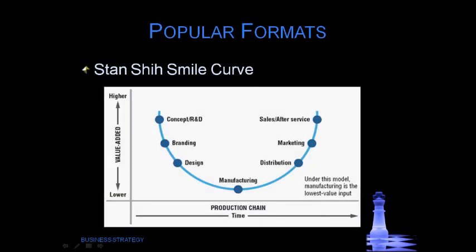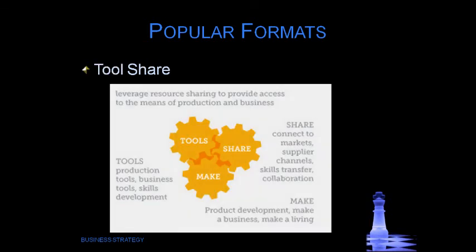The Stan Shih smile curve is based kind of heavily on the value chain. Toolshare has the same building blocks as the Canvas does, but it just is not in a format that's very easy to understand and make changes to.